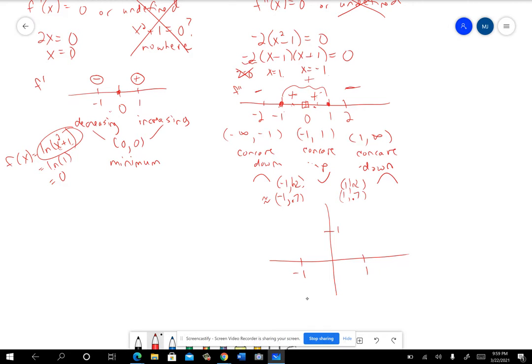So 0, 0 is going to be a minimum. At 1 and 0.7, a little less than 3/4 of the way, and at -1 and 0.7, you're going to have inflection points. In between -1 and 1, it's got to be concave up. And then after 1, it's concave down, and after -1 to -infinity, it's concave down. So I guess it's doing something like this.